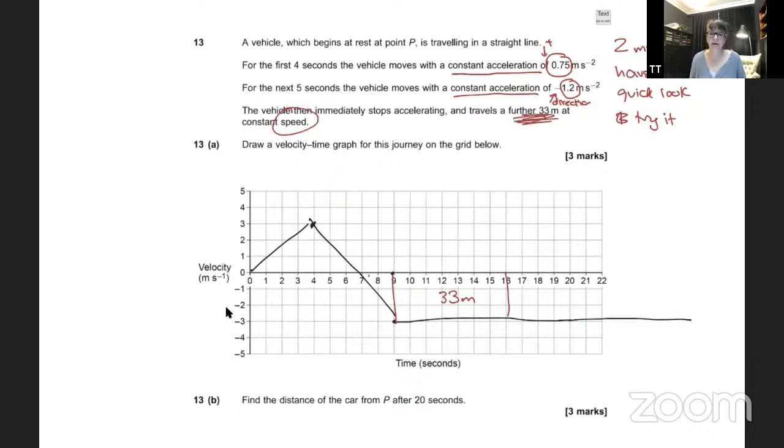Because they're telling me this. Note this, 33 meters. So they're testing number 1, do you understand that gradient is acceleration? And then they're testing, what a surprise, number 2, do you understand that 33 meters tells you that the area underneath is 33? They're only ever testing 2 things because there's only 2 things to learn. So if that's 33 meters, then this here, time, times this, which I happen to know is 3, is 33.